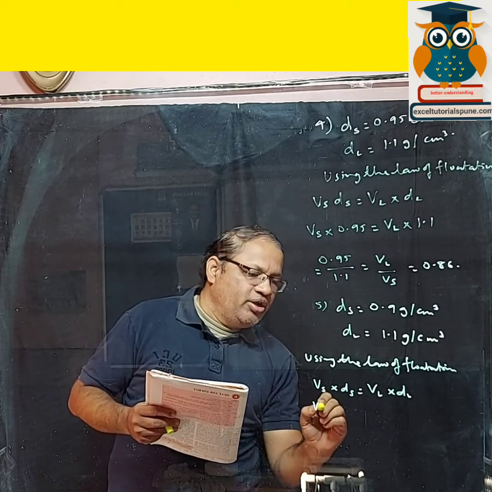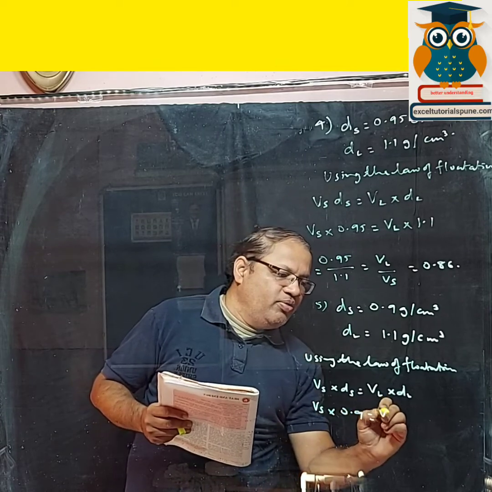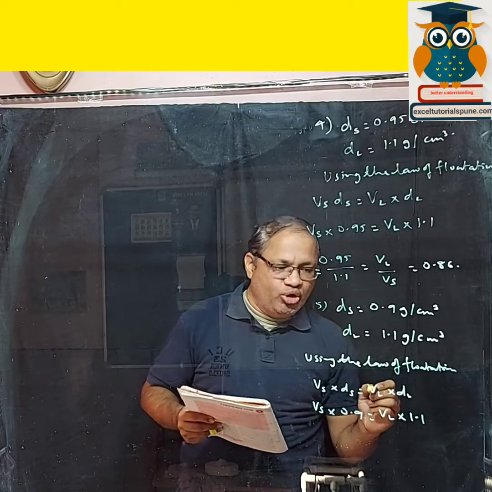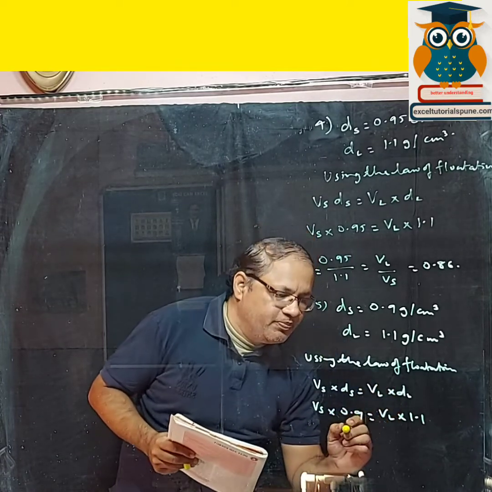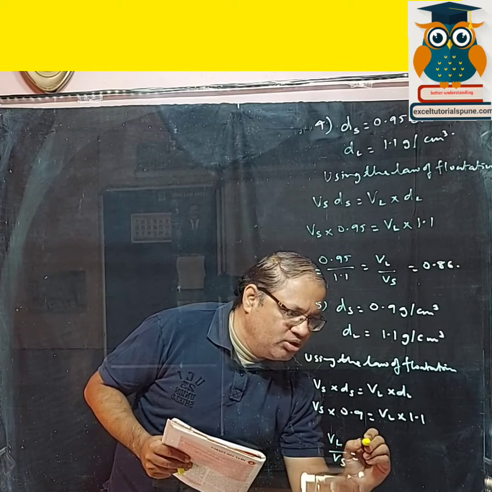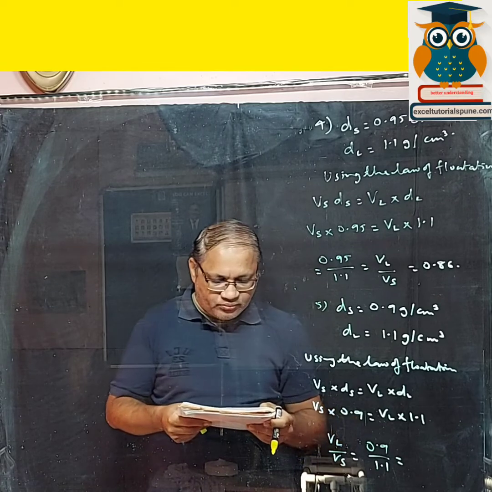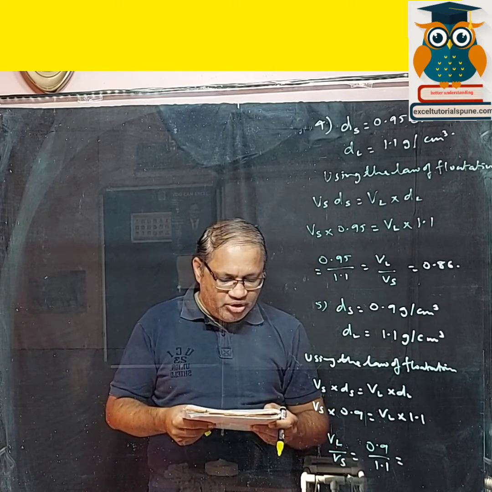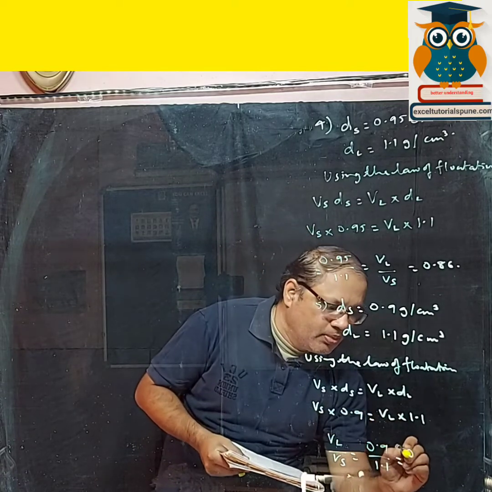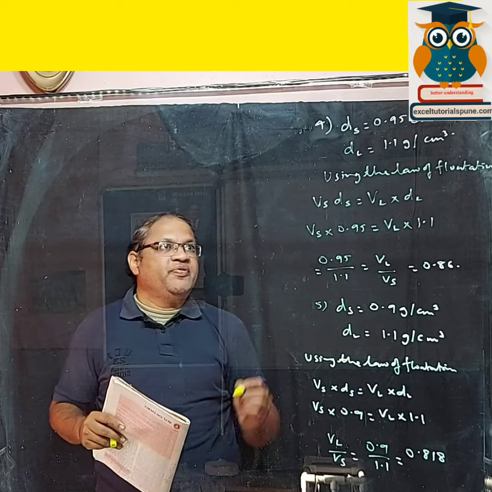So volume of solid into density of solid is 0.9, volume of liquid into density of liquid. So here also they want the volume of the liquid if you read the question properly. So volume of the liquid upon volume of solid is equal to 0.9 upon 1.1. So it comes to 0.818. Okay. That is the fifth sum.